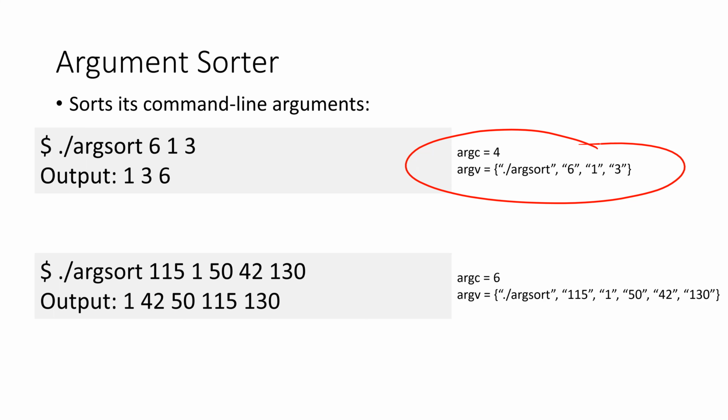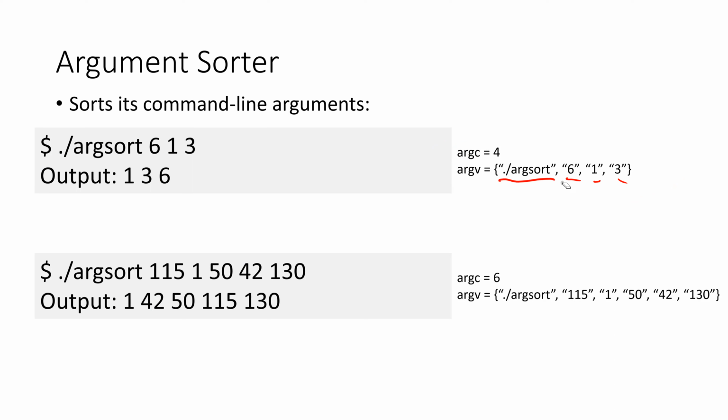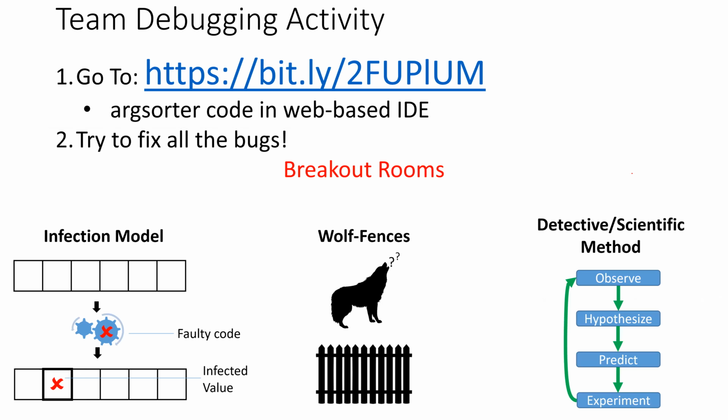This is what your inputs are. For this case, argc is 4. There were 4 words, and those values are this string, and then strings that correspond to each of the numbers. And for the second invocation, you get the idea. There'd be 6 words, and 5 of them are integers.